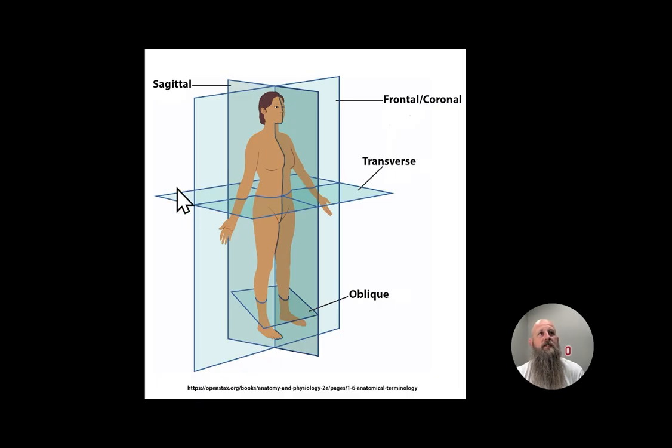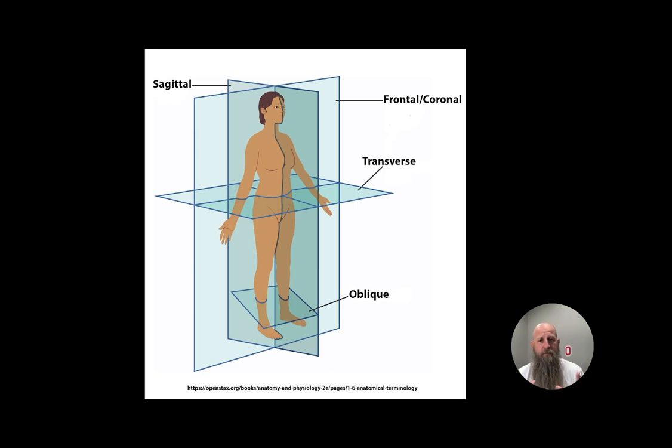The transverse section divides you into top and bottom, or what we call superior up top and inferior down bottom. So a transverse plane of section can give you a superior view looking from the top, or an inferior view looking up from the bottom.